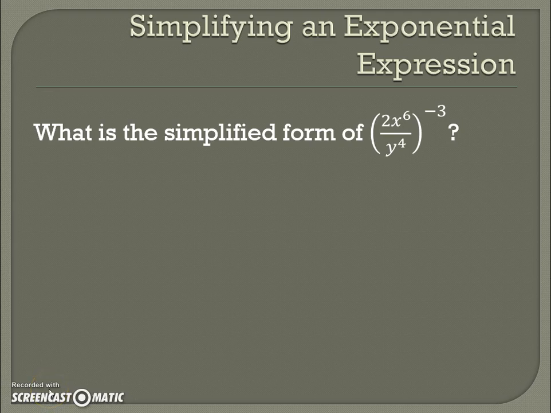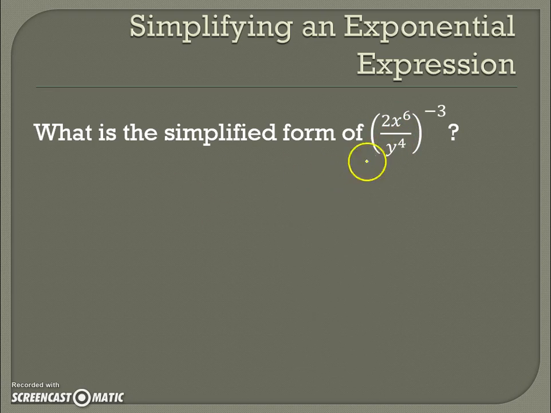All right, so simplifying an exponential expression. It says, what is the simplified form of this? If you have this to a negative 3, anytime you have this to a negative, then what you do is you flip this around and make that positive. And here's why. If I go through and make this whole thing negative, then that flips it and makes it positive.